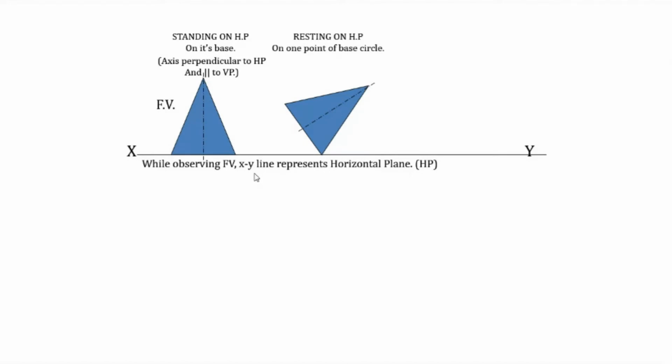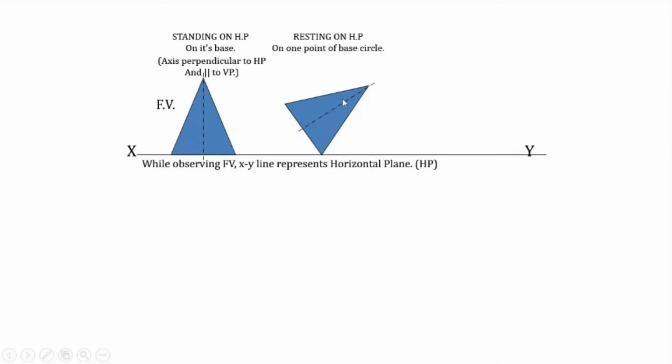For a cone as well as a pyramid, the front view will be a triangle itself, so we may not be able to differentiate between a cone and a square pyramid when only the front view is given. So the front view is that of a cone. One point of the base circle is touching the XY line, or the HP. That is the condition in this case.